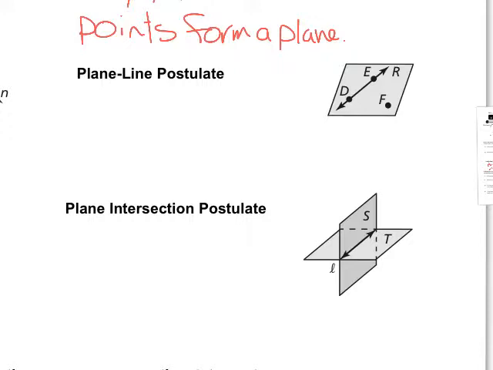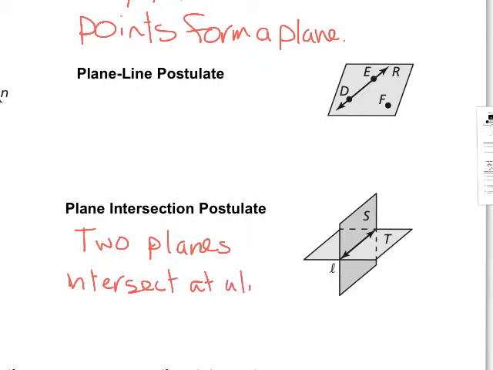So two planes intersect at a line. Ooh, that got really sloppy there at the end. Okay, so we have two lines intersect at a point, two planes intersect at a line.